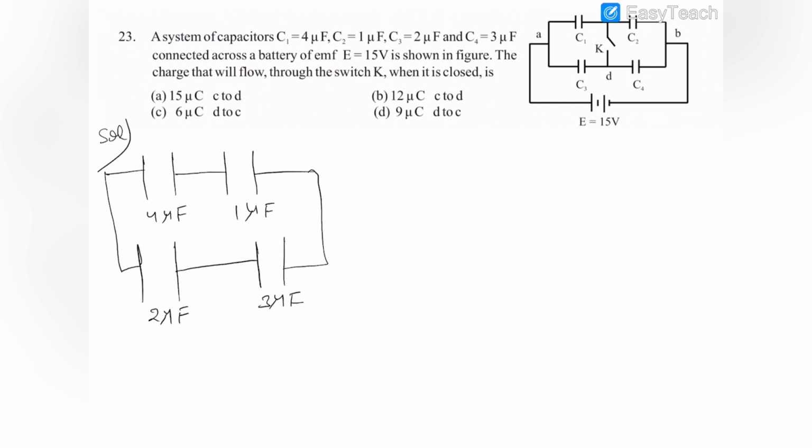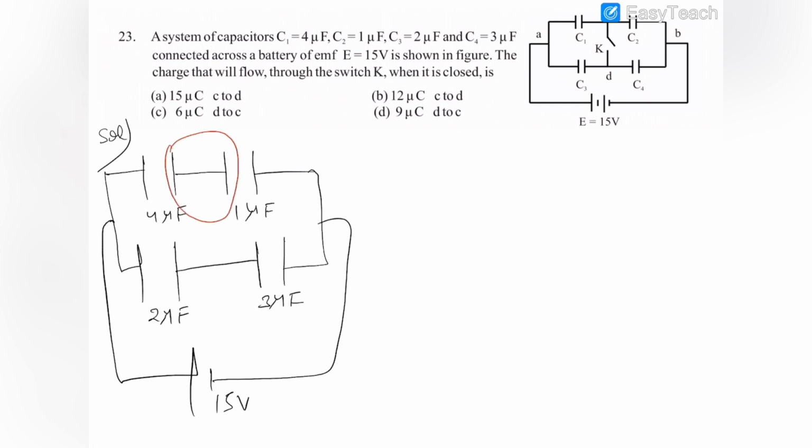Now initially this switch was open, and therefore you can say that even though some battery is connected, the charge on this plate and the charge on this plate will be 0.